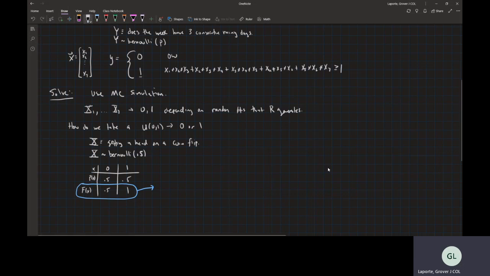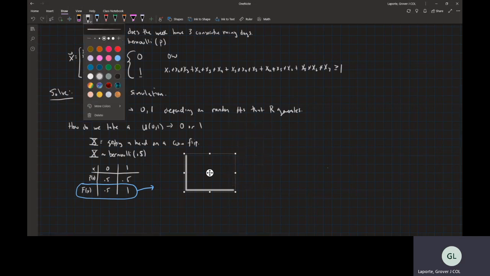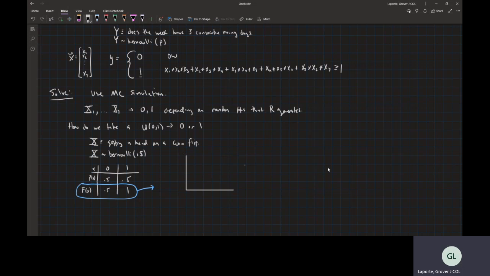So if I were to graph this thing out, I think it's easy to see the graph. We'll make this one be 0, and this one be 1. And then in this case, we got 0.5 here, and then 1 up here.